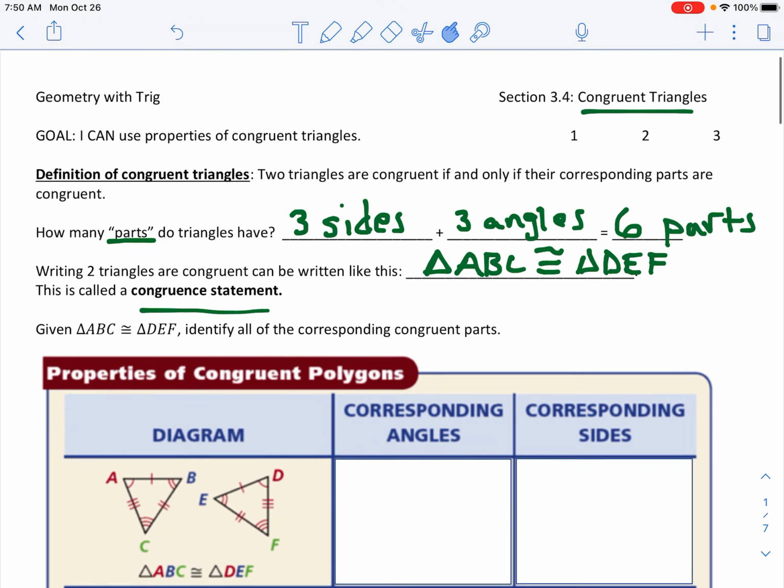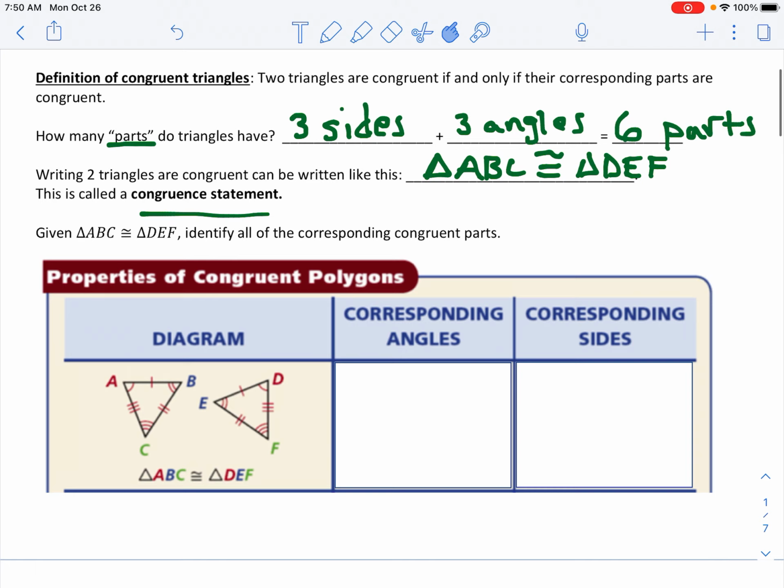Let's look at the following picture. You'll notice triangle ABC and triangle DEF have a bunch of markings. Remember, curls inside the picture by the angles illustrate angles that are equal. Tick marks through a side show that sides are equal.